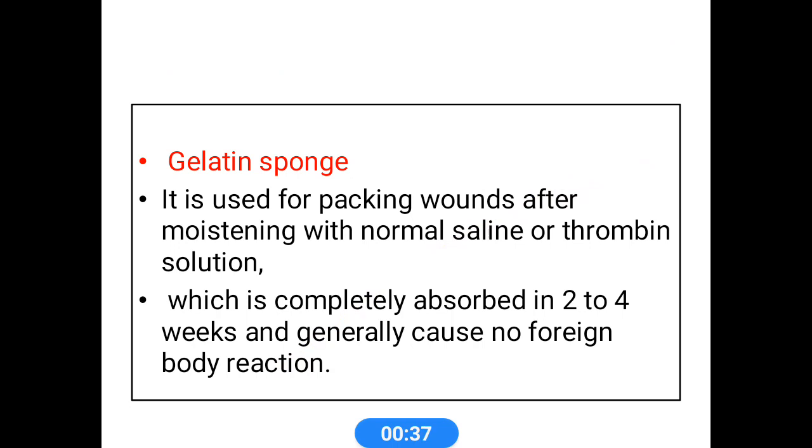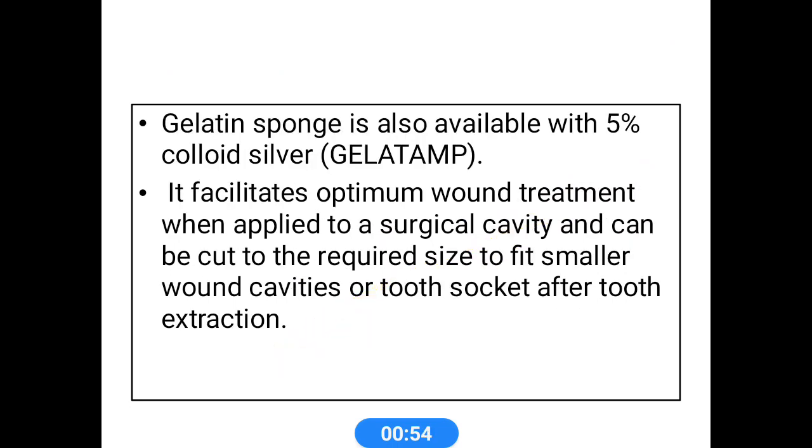Examples are gelatin sponge. This is mainly used for packing wounds after moistening with normal saline or thrombin solution. It is completely absorbed in 2 to 4 weeks, and generally causes no foreign body reaction. Gelatin sponge is mainly available as 5% colloid silver.